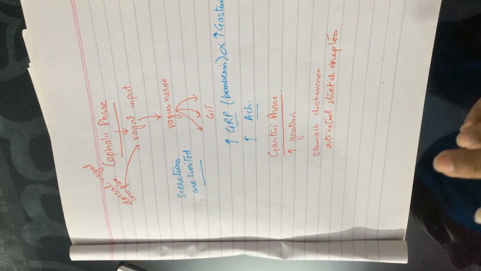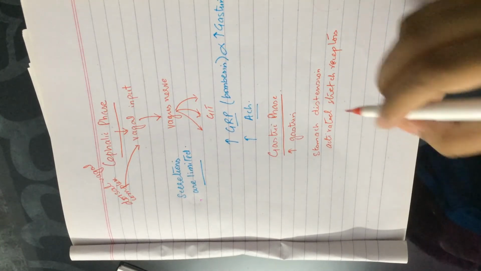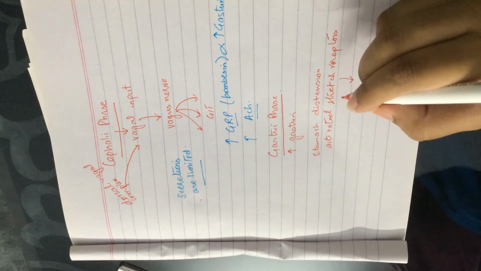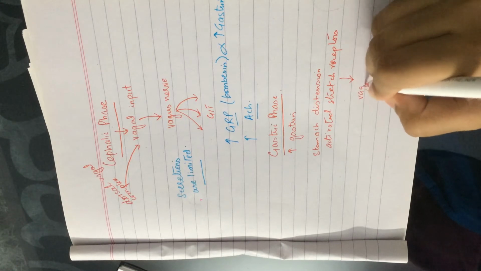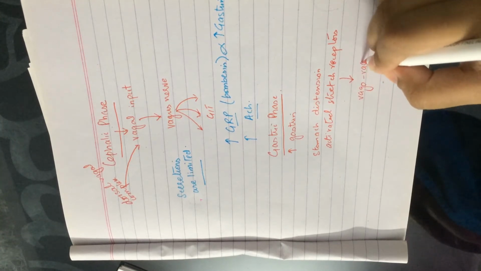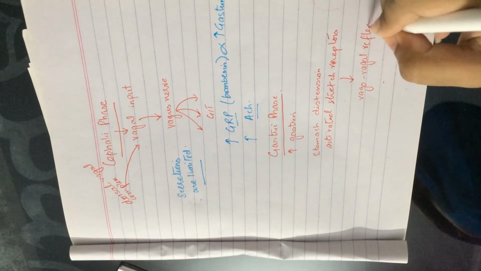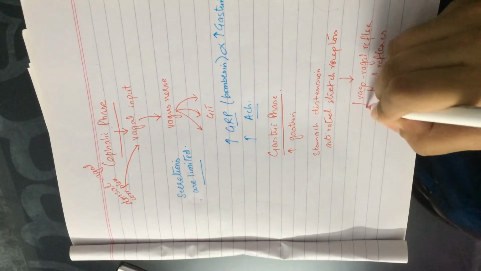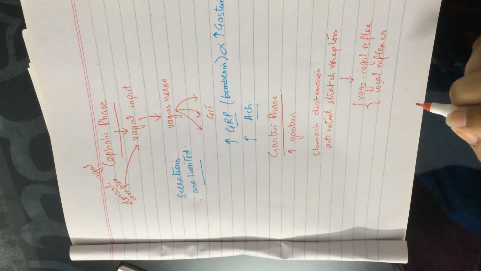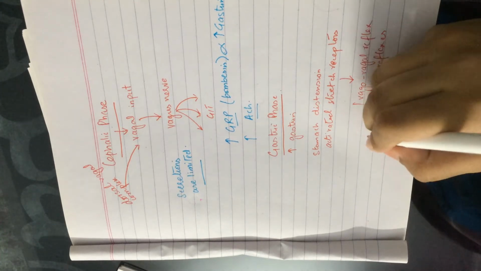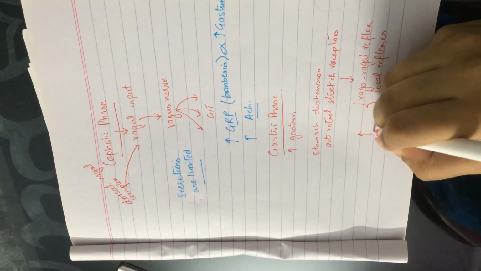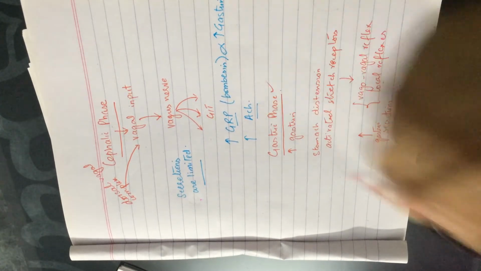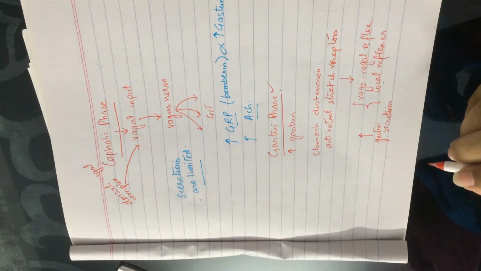These stretch receptors will provoke a vagovagal reflex plus local reflexes as well. All these reflexes will amplify the gastric secretions, and all this is taking place in the gastric phase.